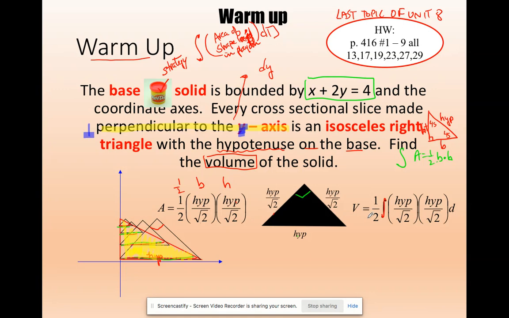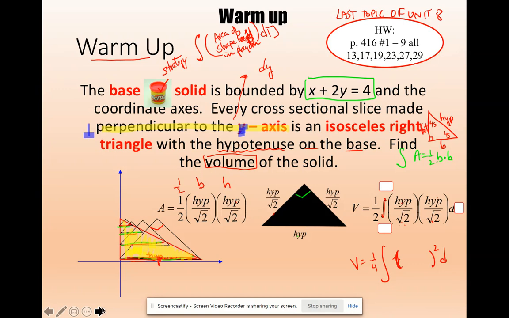I move the 1/2 out. In truth, I'm going to move these denominators out as well. What is √2 times √2? That's also 2. Move that out, so I'm going to get volume equals 1/4. Hypotenuse times hypotenuse is the same thing as the hypotenuse squared. And again, our hypotenuses all point at which axis? That's when I make the decision.